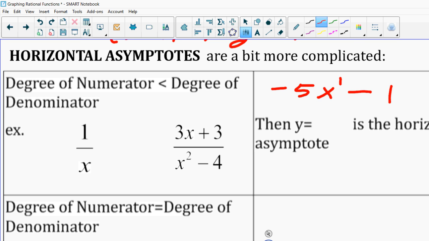A monomial means one term, not an exponent of 1. What's the biggest exponent? 2. So what's this called? Quadratic. Good.